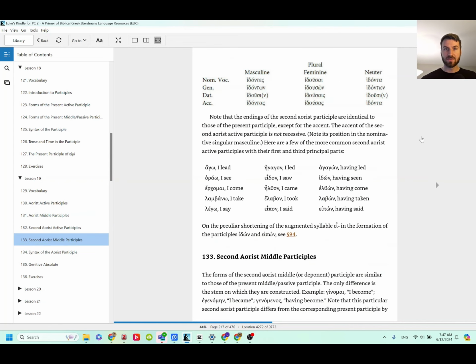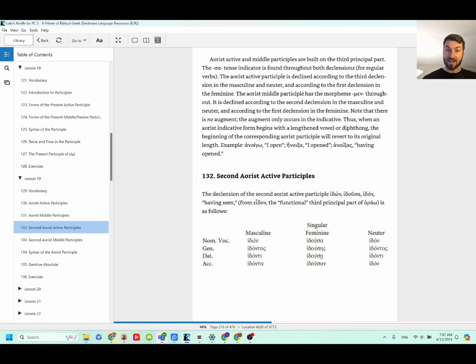And there are second aorists, and just like in the imperative, the second aorist changes stem to the second aorist stem, and then it uses the present endings. You can see here for horao, the stem changes. It uses the aorist stem idon, and then it uses the present endings.